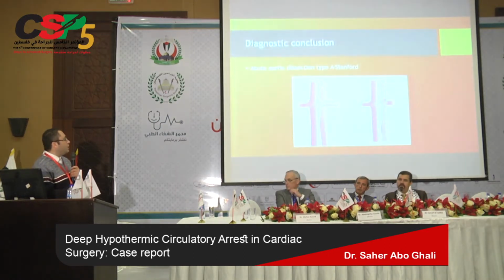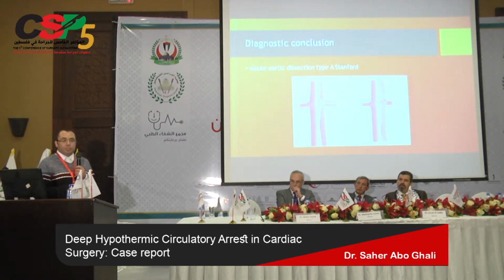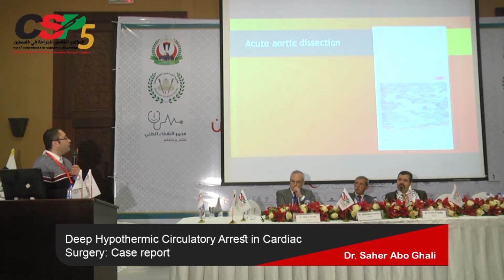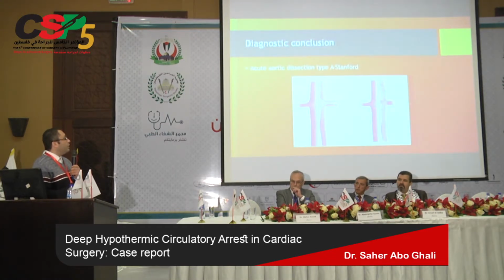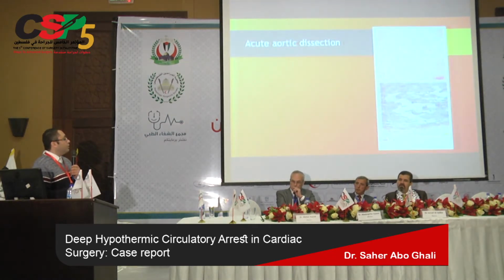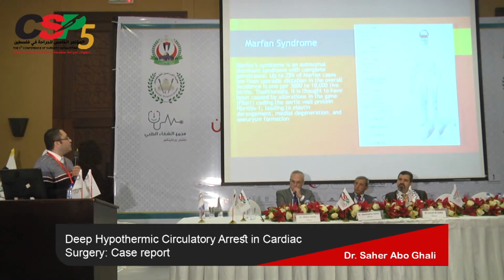So this is a clear case of aortic dissection, and it is classified as Stanford type A. In acute aortic dissection, there is cystic medial necrosis, which is the etiological factor of the disease. The patient had Marfan syndrome. As you see, the patient is very tall.